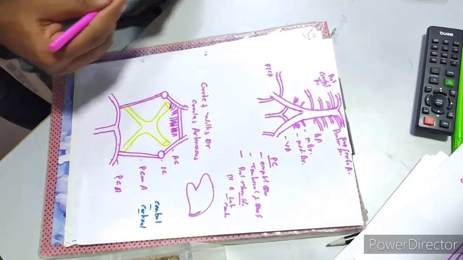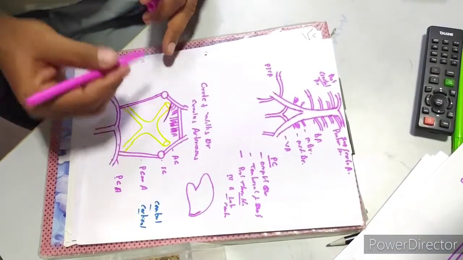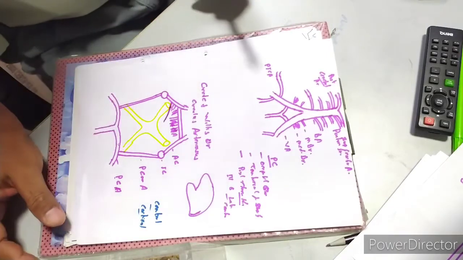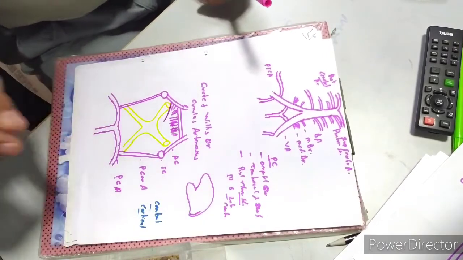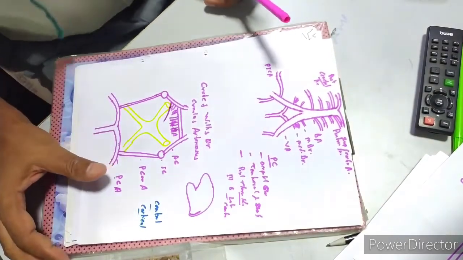One of the anteromedial branches is long. It supplies the anterior perforated substance and also the anterior limb and the genu of the internal capsule.